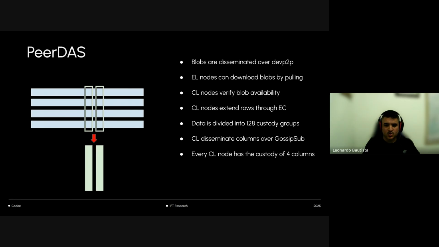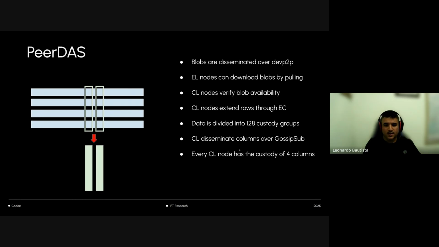And so every node has to custody at least 4 of those columns, or 4 of those custody groups. That means that they need to hold those 4 columns for the total period of 18 days that they are supposed to keep the data from the moment the blob was included in the block.